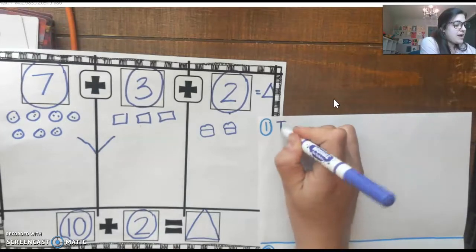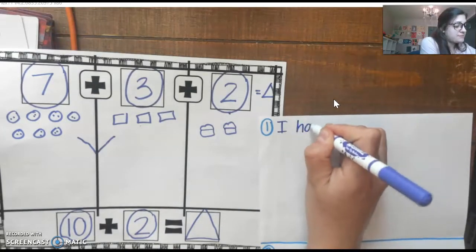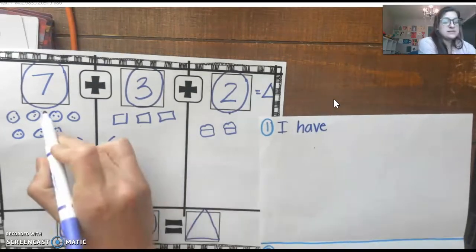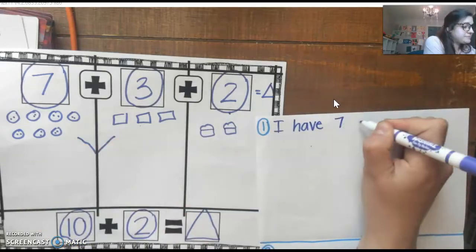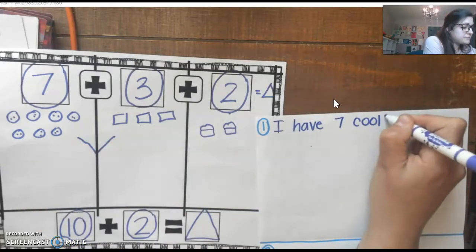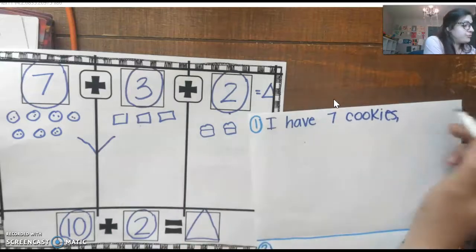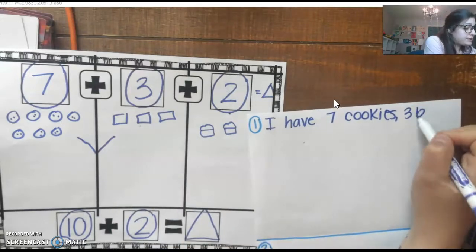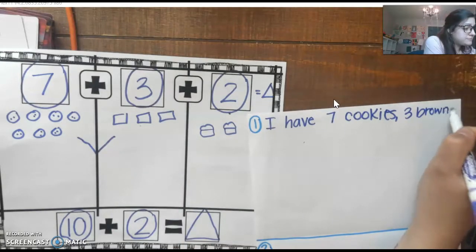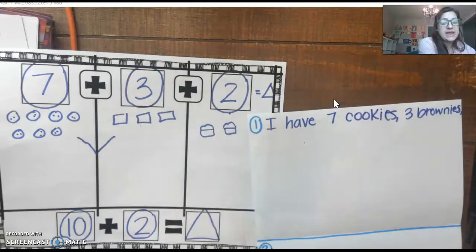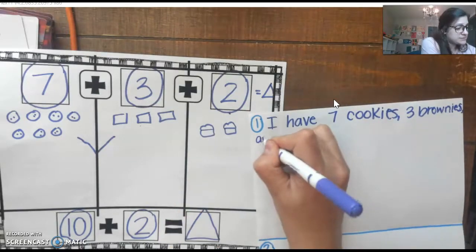So I have 7 cookies, comma, 3 brownies, comma, and 2 cupcakes.